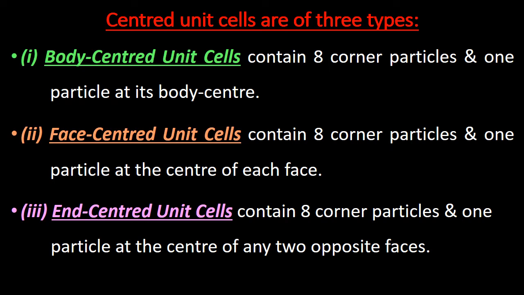Face centered unit cells contain 8 corner particles and 1 particle at the center of each face. End centered unit cells contain 8 corner particles and 1 particle at the center of any two opposite faces.